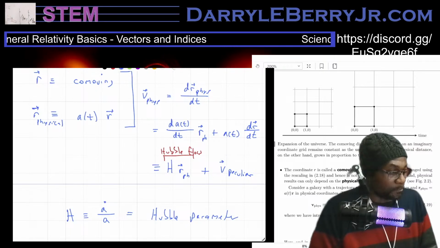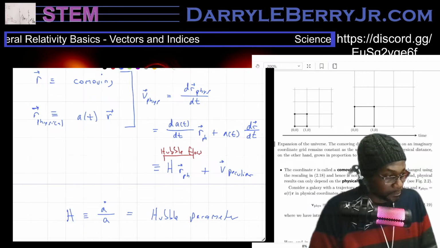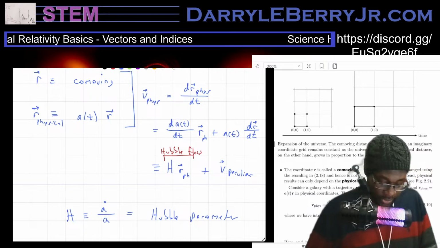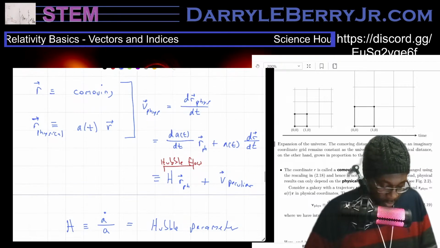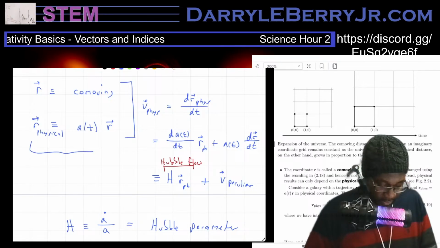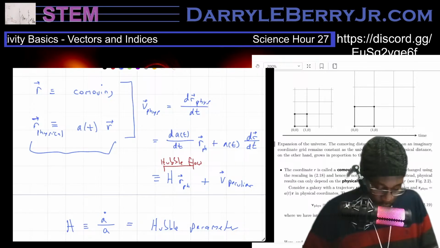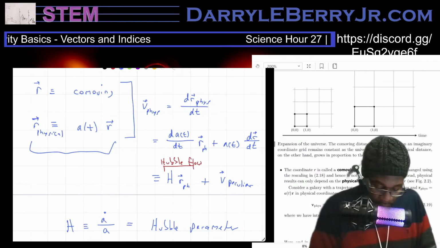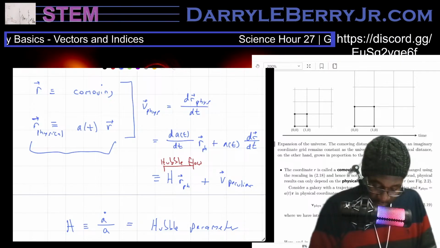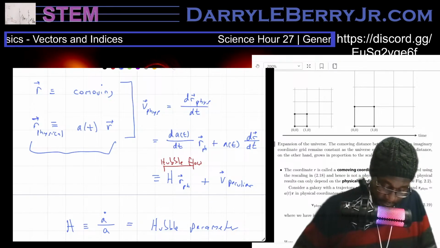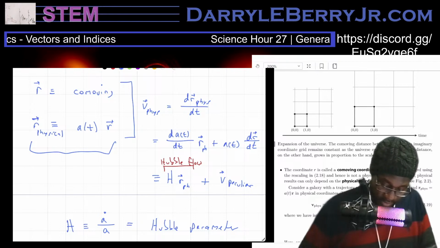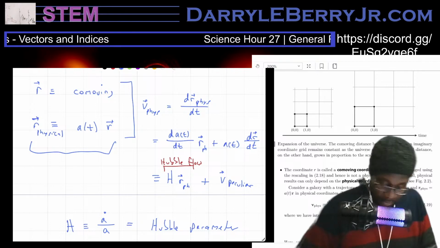The physical velocity is how the physical position changes over time, and R is a function of a of t, or physical. So d dt of R is going to be a dot r plus a dr dt, the chain rule.